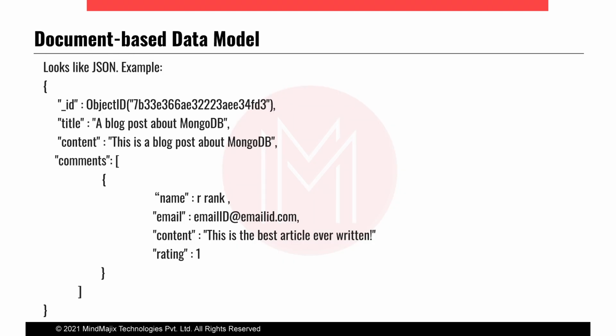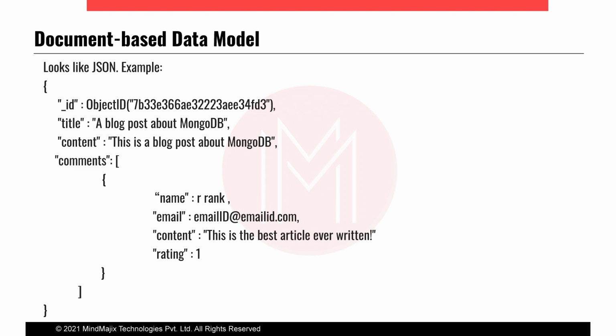The next one is the document based data model. To interact with the front end, using JSON is a better approach. This is an interface, and this is an example. It looks like JSON.